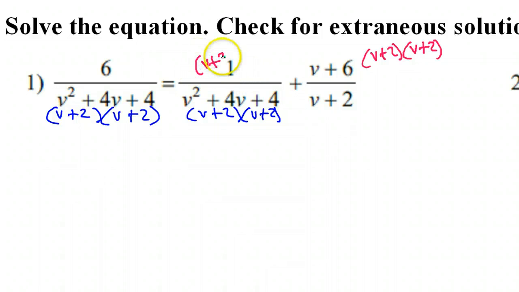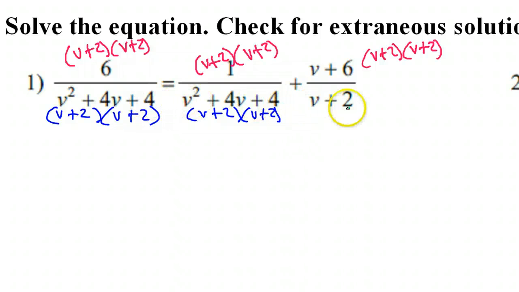The reason why I need two of them is because in one fraction I have two of them, so I'll need 2 to cancel them out. So this is the least common denominator.